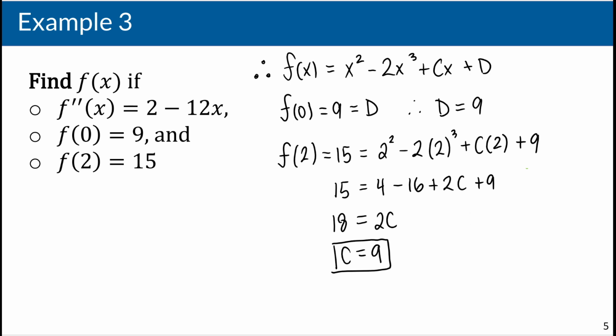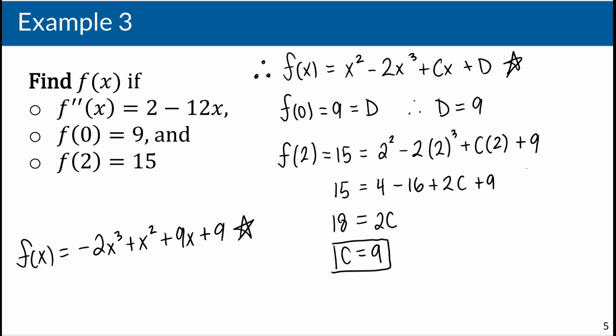And so my original function then, f of x, would have been equal to, and here I'll write it in the proper order, minus 2x cubed plus x squared plus 9x plus 9. And so now this is no longer a general antiderivative like it was here. This is actually a very specific antiderivative.